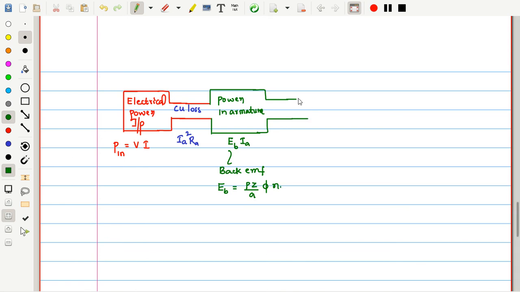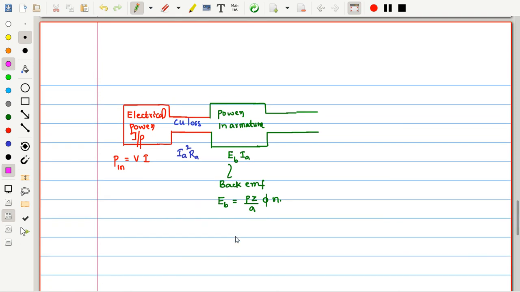Then after this portion, the power flow stage, the next stage is that there will be some more losses. EB into Ia will try to develop an electromagnetic torque, TEM. This electromagnetic torque will rotate the entire armature.